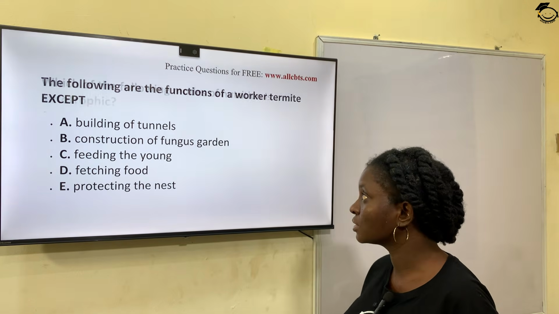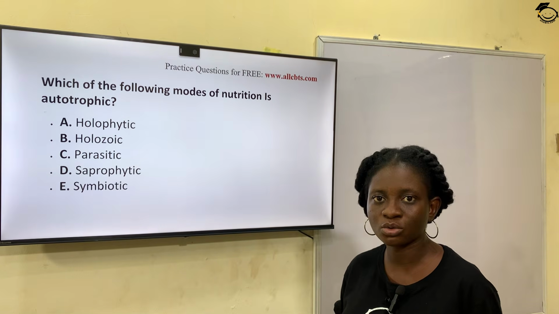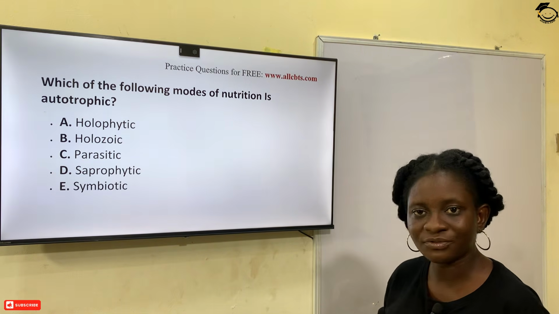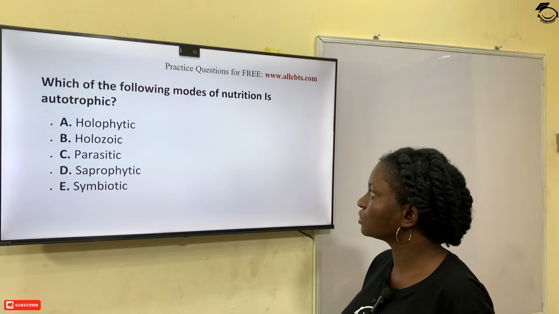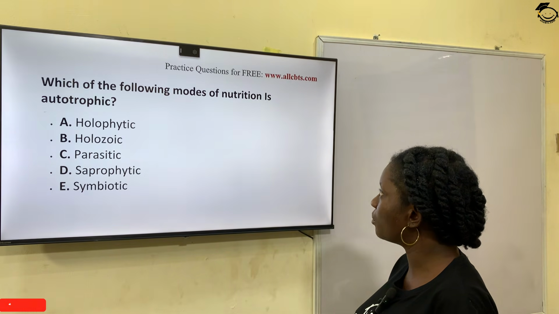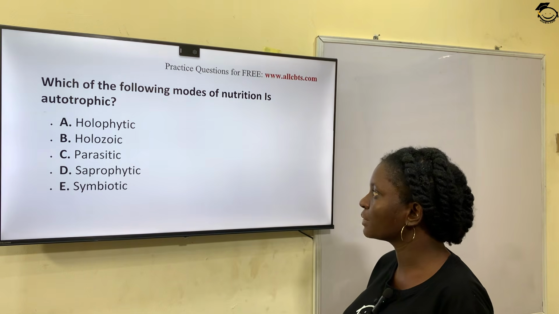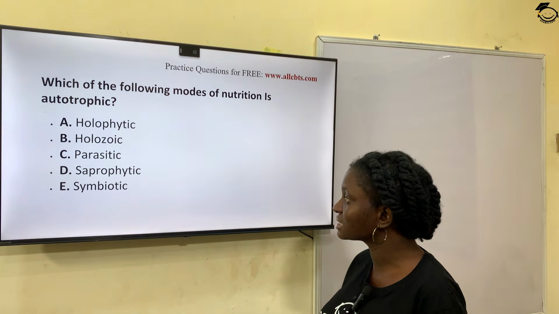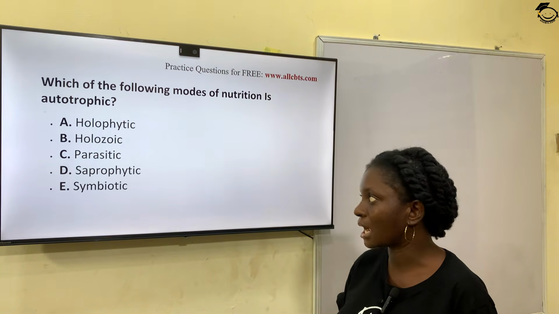Next question. Which of the following modes of nutrition is autotrophic? Autotrophic means self-manufacturer; they produce food on their own. A, holophytic, B, holozoic, C, parasitic, D, saprophytic, and E, symbiotic.